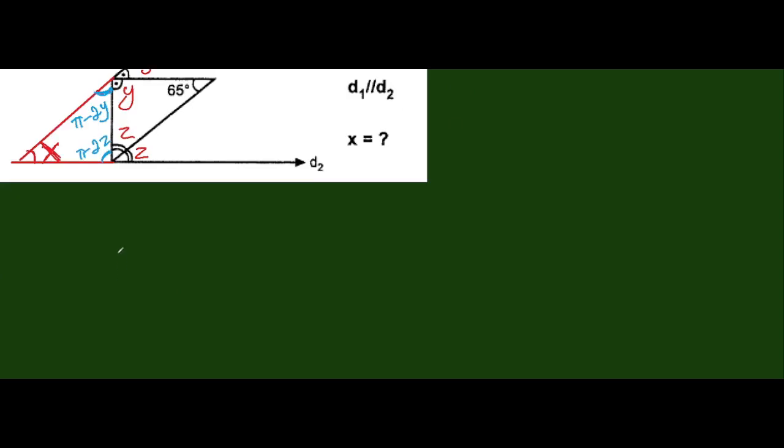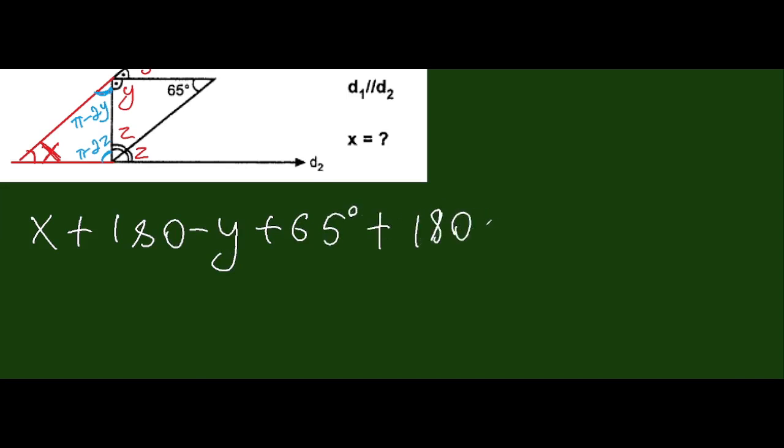The first equation is this. So first of all, x plus this angle is pi minus y, because minus 2y plus y will give us minus y. So 180 minus y it will be, and plus 65 degrees plus 180 again minus z, and it will equal 360 degrees.